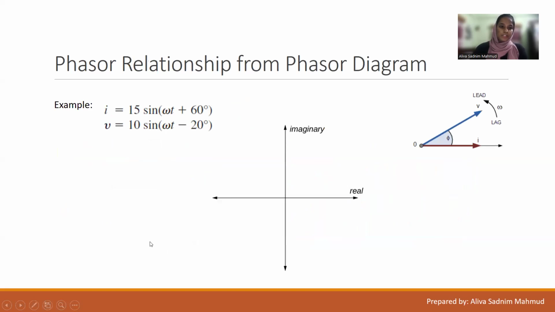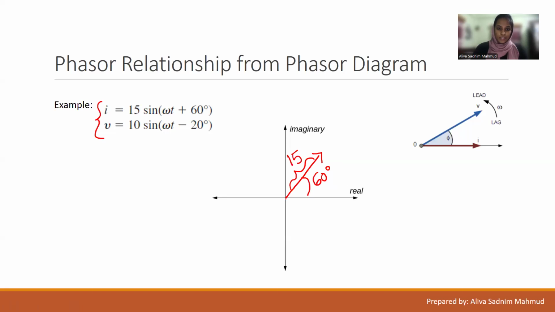So here we'll see an example. We will try to draw the phasor notation of these two sinusoids. So for the first one, we'll draw a vector here, which creates 60 degrees with the real axis. The magnitude here will be 15.